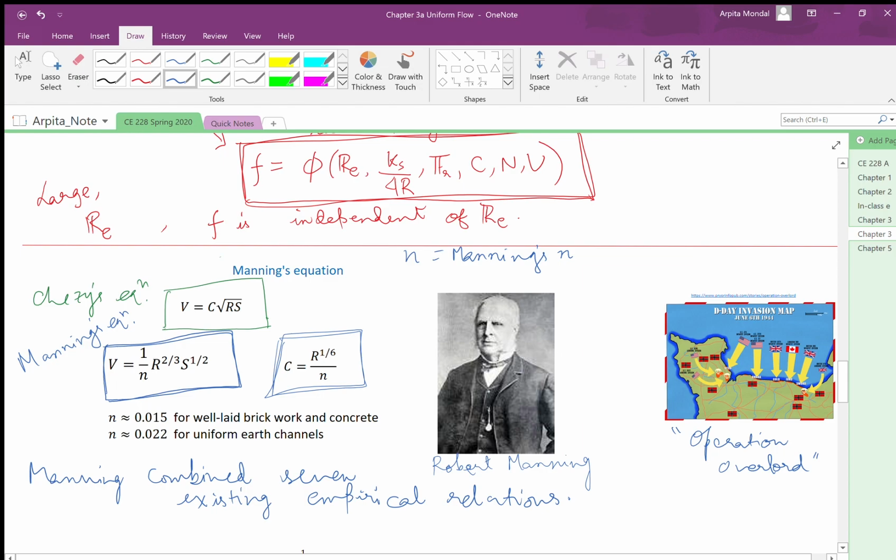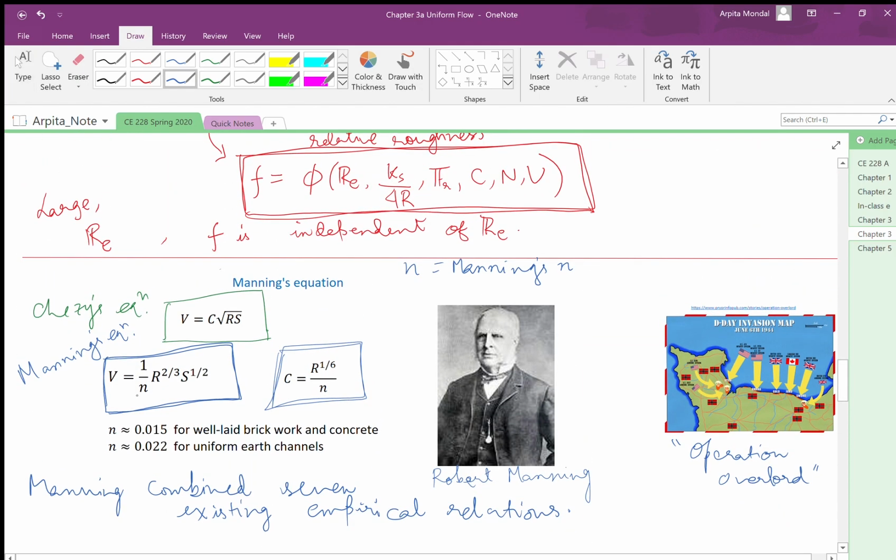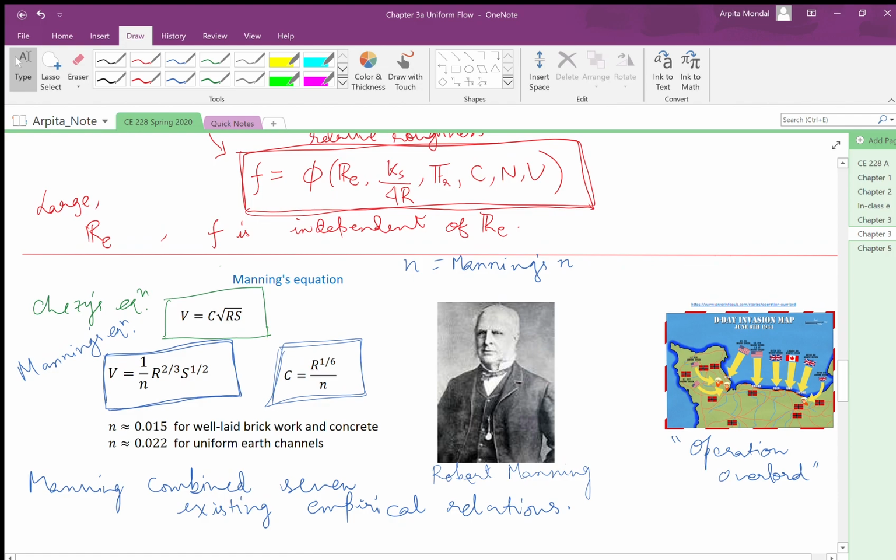This equation is used by hydraulics engineers as well as structural engineers. Anywhere you have a uniform flow and you need an estimate of the velocity, this formula will be used. And what are some of the ranges of these n values? n is 0.015 for well-laid brickwork and concrete, whereas it is roughly 0.022 for uniform earth channels.